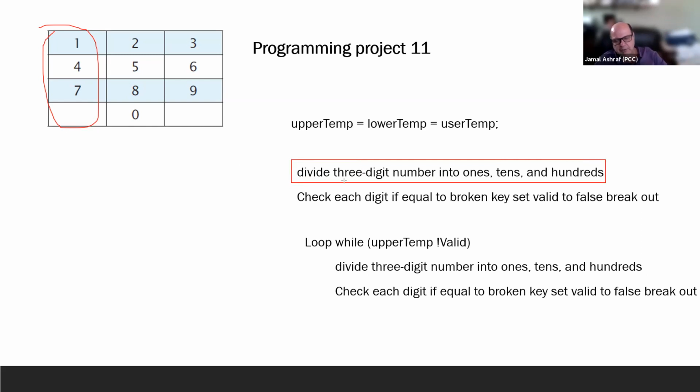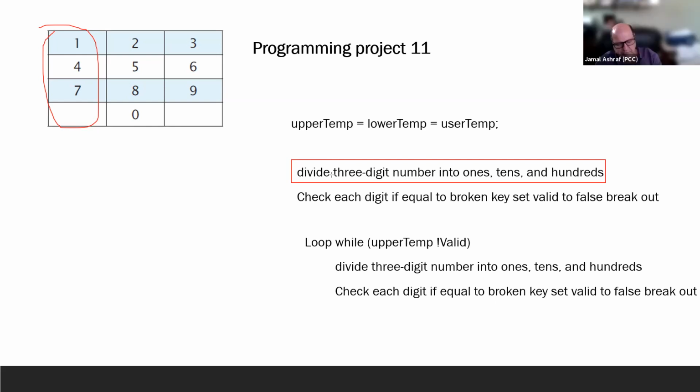Now I have to take my 3-digit number and break it down to each digit. Using division and percent, remember, if I divide by 100 or divide by 10, integer divided by integer is going to give me an integer. 385 divided by 100 is going to give me what? 3.